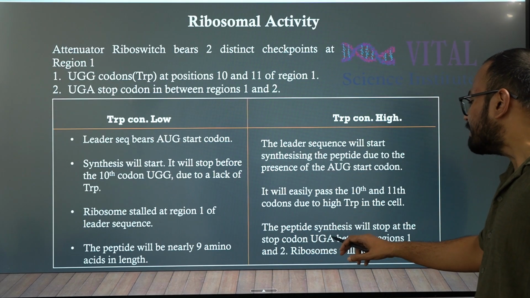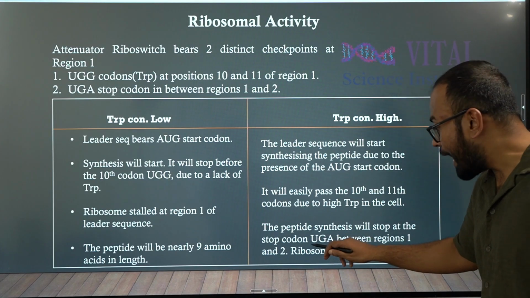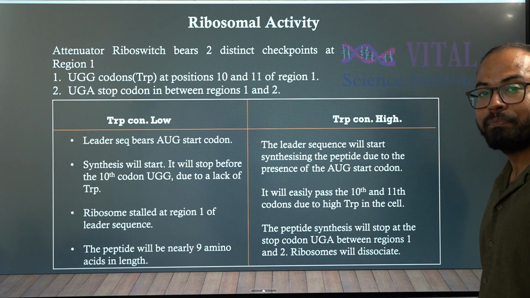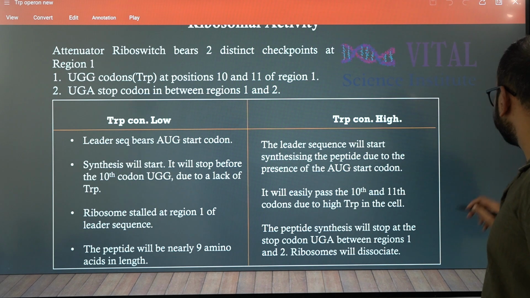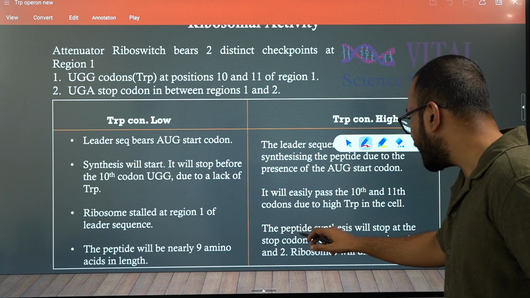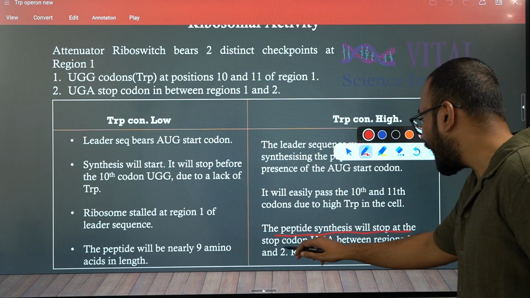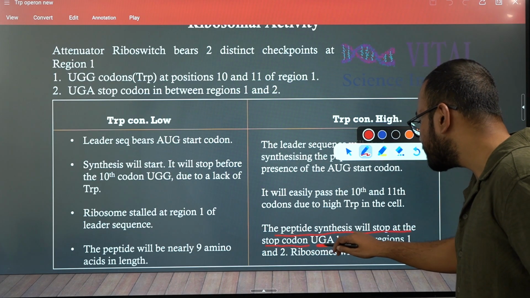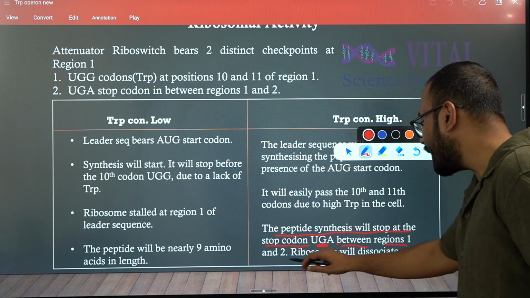The peptide synthesis will stop at stop codon UGA. Note it down, between regions 1 and 2.